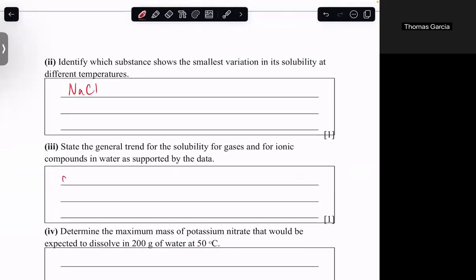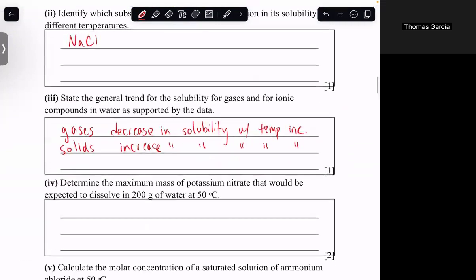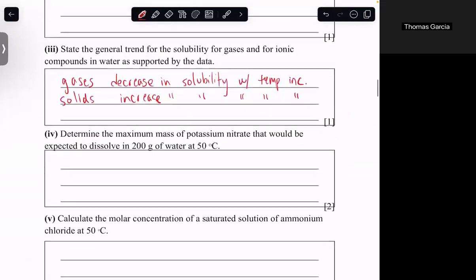So we can say gases decrease in solubility with temperature increase. Solids increase in solubility with temperature increase. I'm just using the dashed lines to represent the same thing as above.